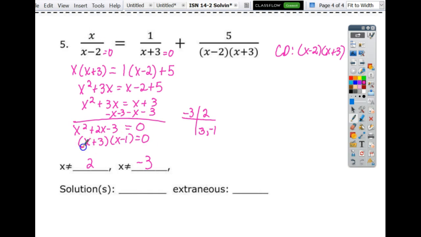So if I set this equal to 0, what does x equal? And if I set this equal to 0, so look, this matches. So where does it go? The 1 doesn't match, so it's a solution.